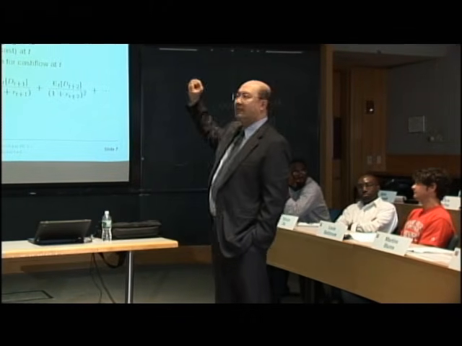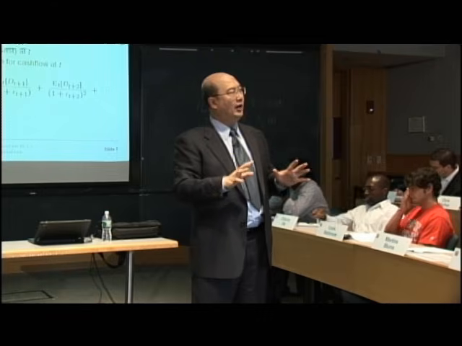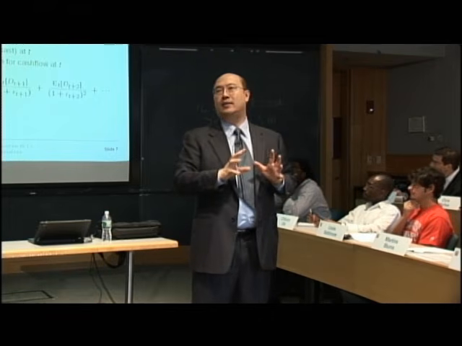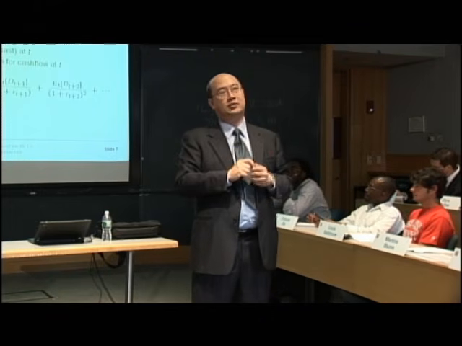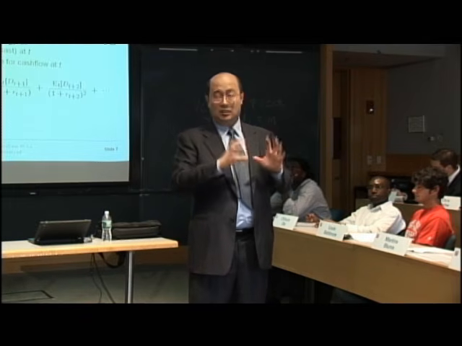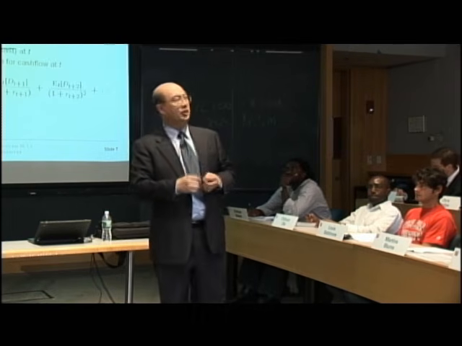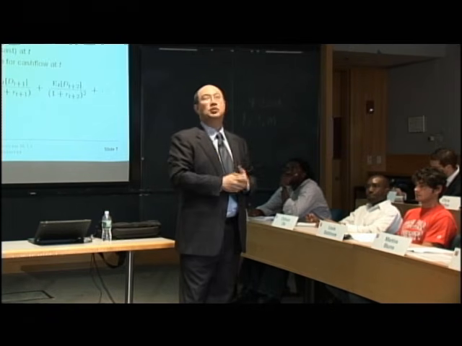And let R_t be the so-called risk-adjusted return that is commensurate with the risks of the dividends that are there. I'm going to wave my hands at this point as to how we get the dividend discount return, the appropriate risk-adjusted return. But I'll come back to that in a few lectures when we go over methods for determining the appropriate risk adjustment, okay?